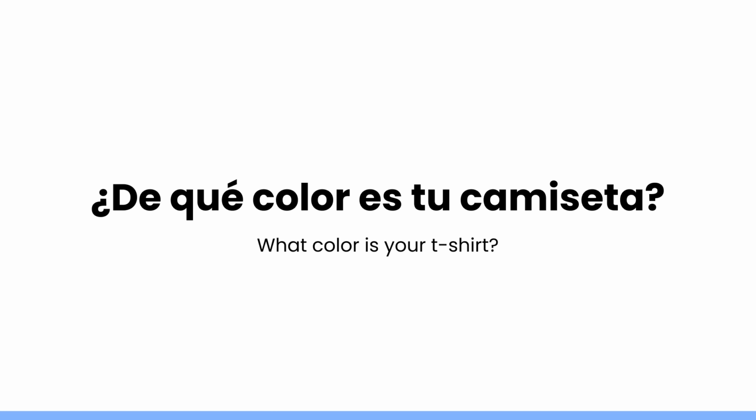So if you literally translate this sentence, you would say, of what color is your t-shirt? And to make it sound proper in English, we would translate this into what color is your t-shirt? So de qué color es tu camiseta.